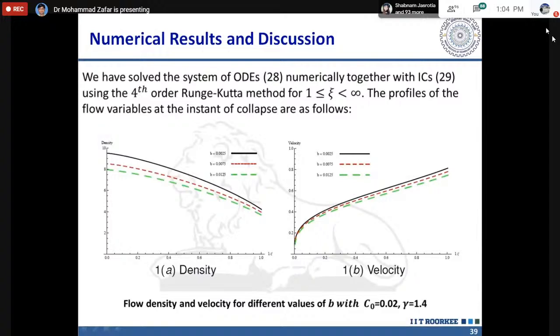Similarly, the velocity is also decreasing when we move from 1 to infinity for J. In this case also, black is the smallest value of B and green the greatest, so when B is increasing, the van der Waals excluded gas volume, the velocity is also decreasing. Yes, next slide please.